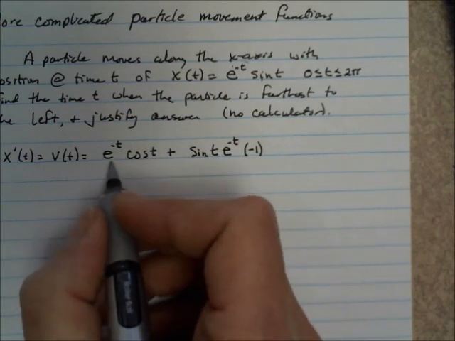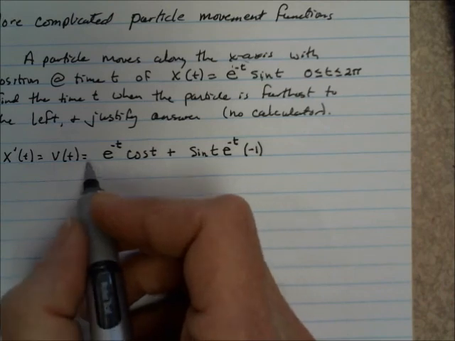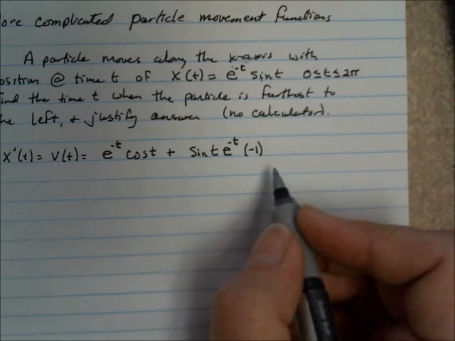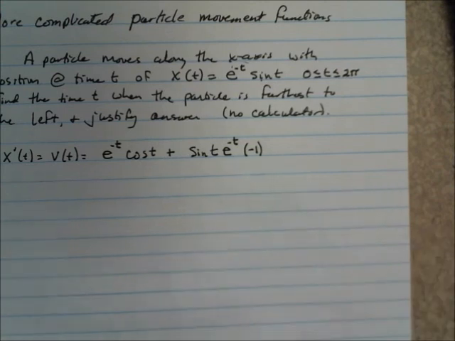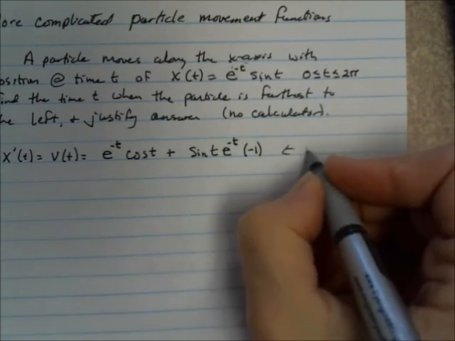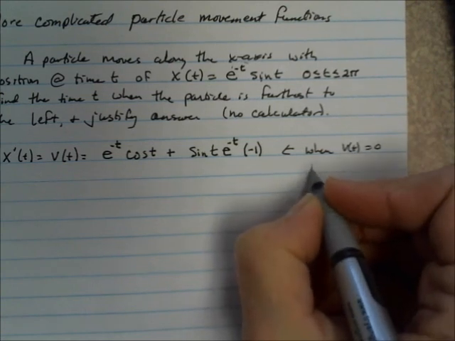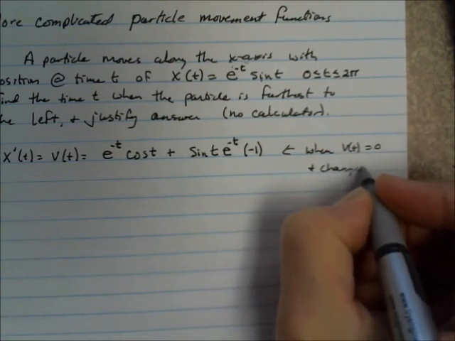What we want to do is set the velocity equal to 0, because when we figure out the velocity, we can figure out that it's traveling to the right and then to the left, and it turns around where the velocity is equal to 0 and changes signs.